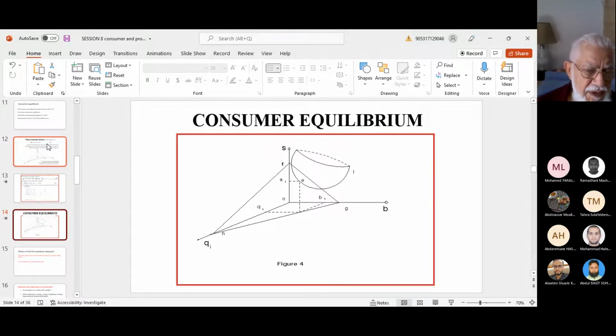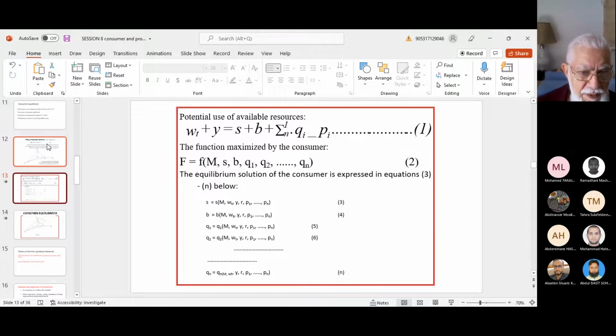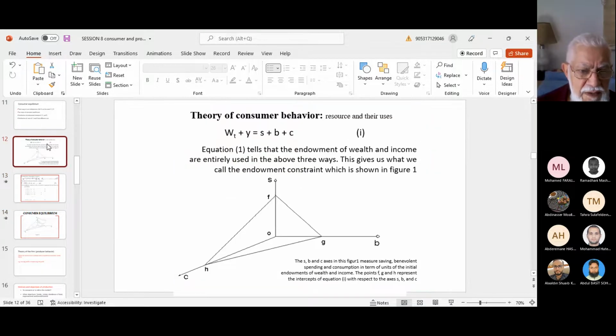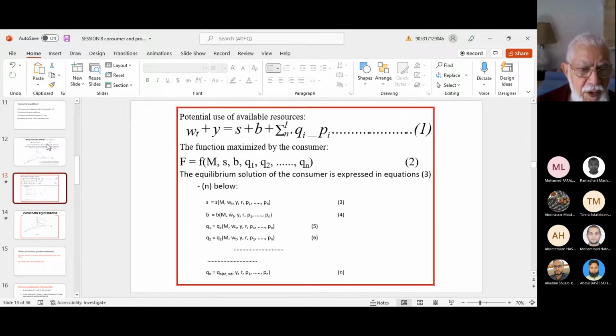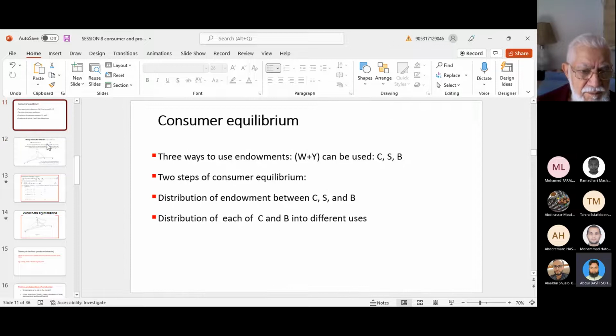It should be mentioned in the equation. R is also an element, the rate of return on investment, or you can put it here. B is not only a residual but also influenced by R. Yes, sir.